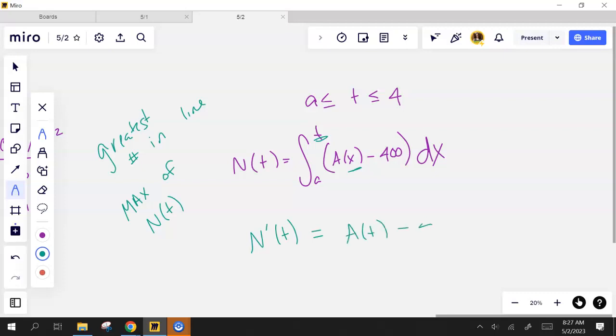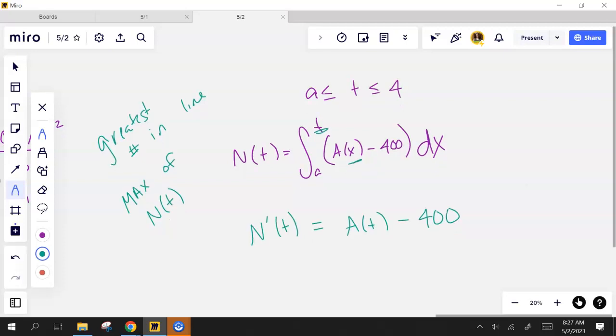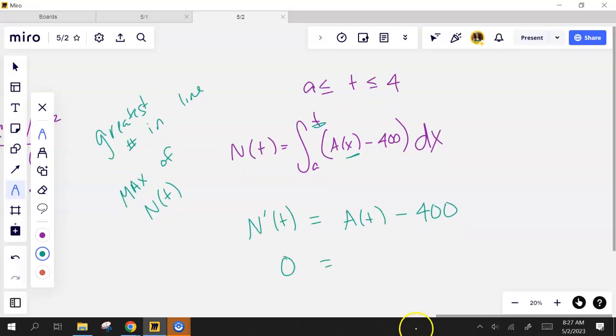This is, again, that fundamental theorem. Now what? Set it equal to 0. You get a point for setting it equal to 0. You don't get a point for doing the fundamental theorem, which is crazy to me, but you do get a point for setting it equal to 0.